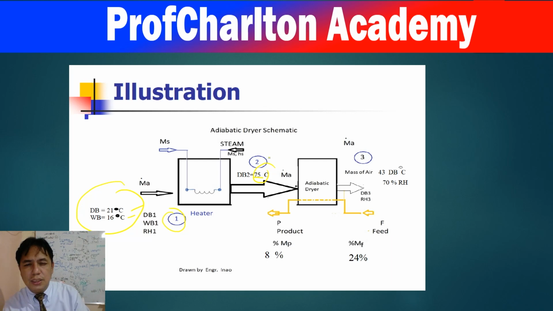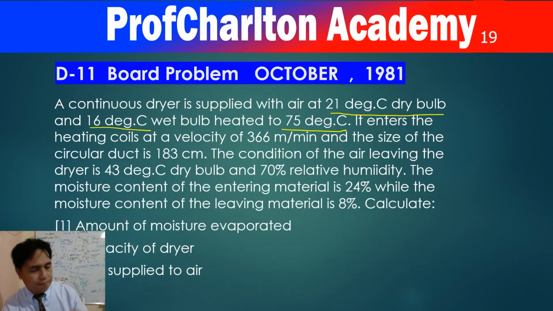And let us continue on with the problem. It enters the heating coils at a velocity of 366 meter per minute, and the size of the circular duct is 183 centimeter.